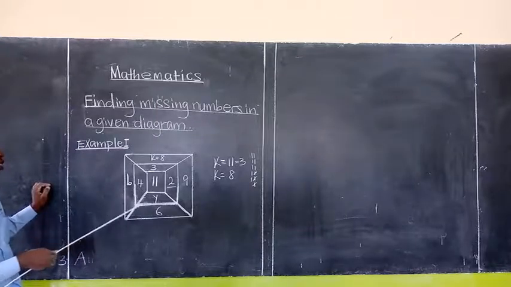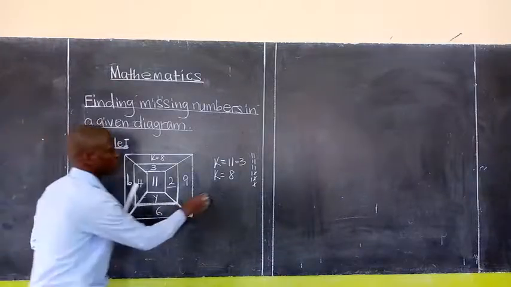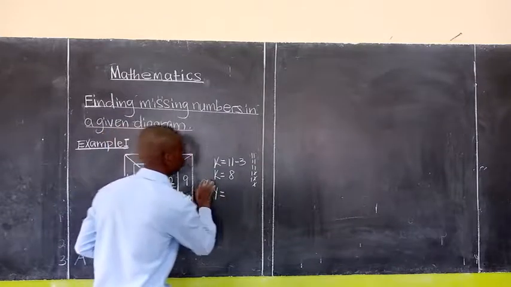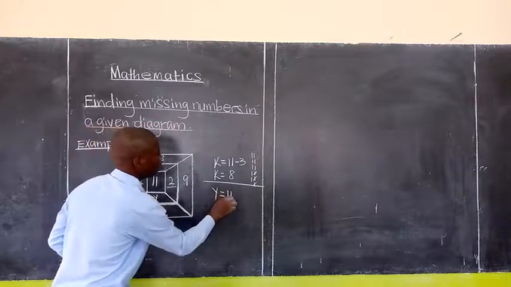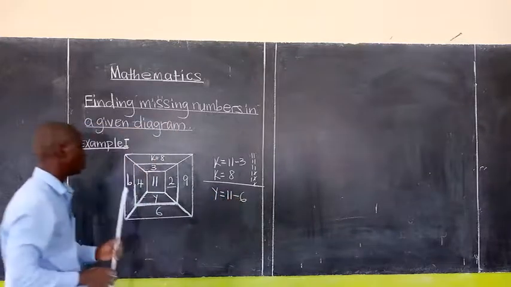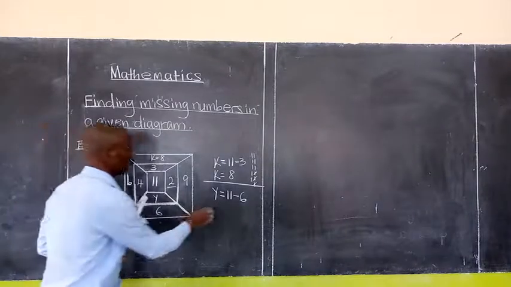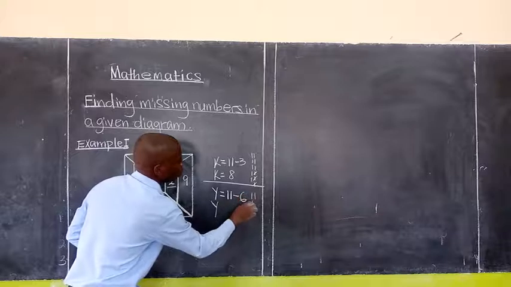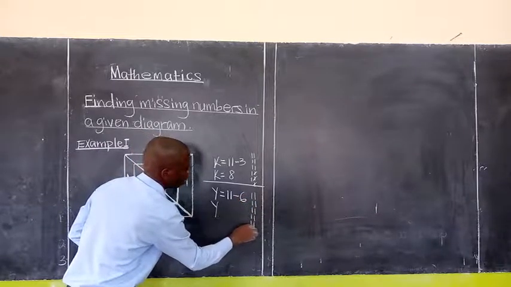So to get that, we will say y equals 11 take away 6. So 11 take away 6, we shall end up getting 11. 1, 2, 3, 4, 5, 6, 7, 8, 9, 10, 11.